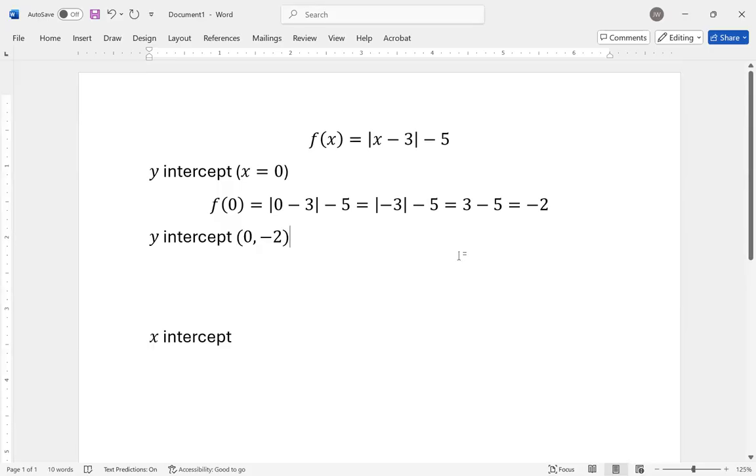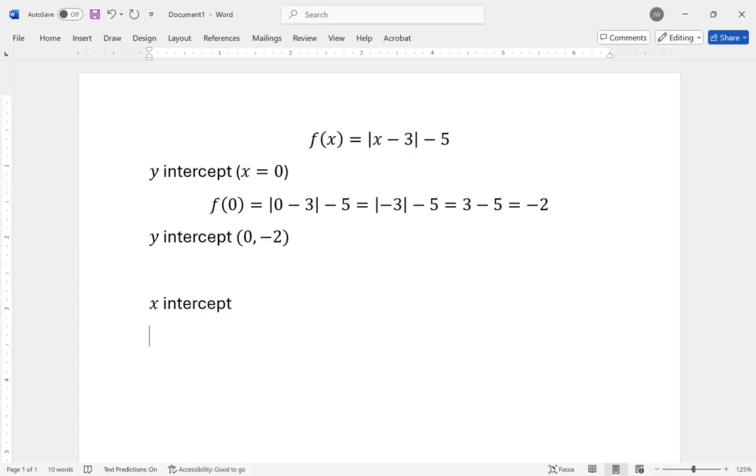So it's on the graph of the function, and it's also on the y-axis because it has the form 0, comma, negative 2. Now there's only going to be one y-intercept because if you had two different y-intercepts, it would violate the ability for this to be a function. It would fail the vertical line test. So we only have one y-intercept, and it is 0, comma, negative 2.